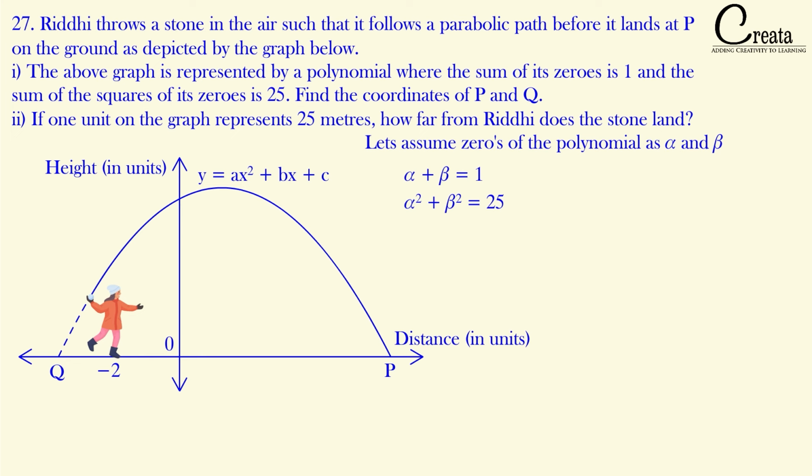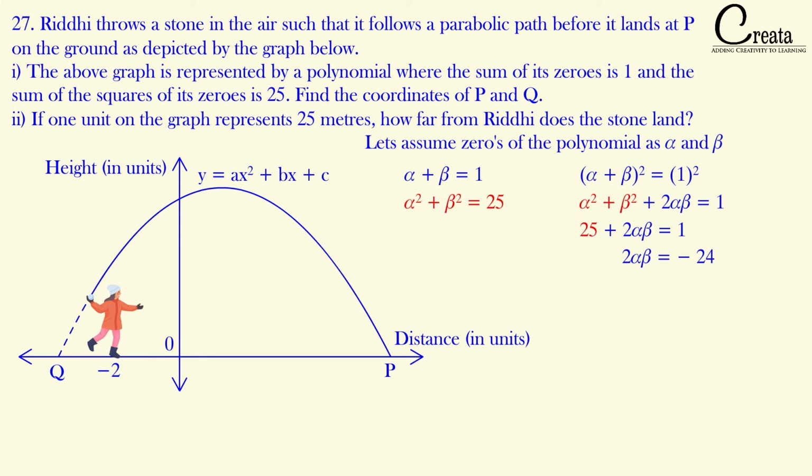Let's see. Here alpha plus beta is given as 1. Let's square both sides. We get alpha plus beta whole square is equal to 1 square, which is alpha square plus beta square plus 2 alpha beta is equal to 1. We have simply used the formula of a plus b whole square. Here alpha square plus beta square is given as 25, so let's replace this with 25.